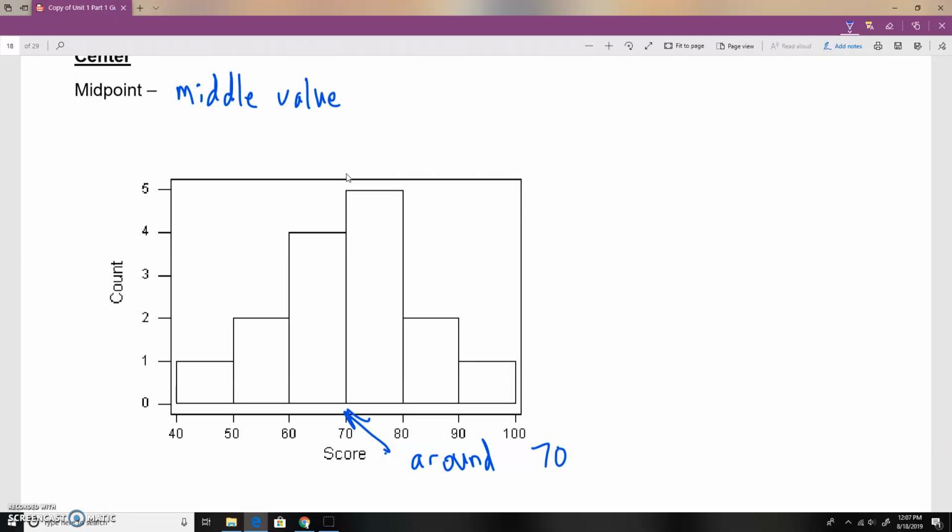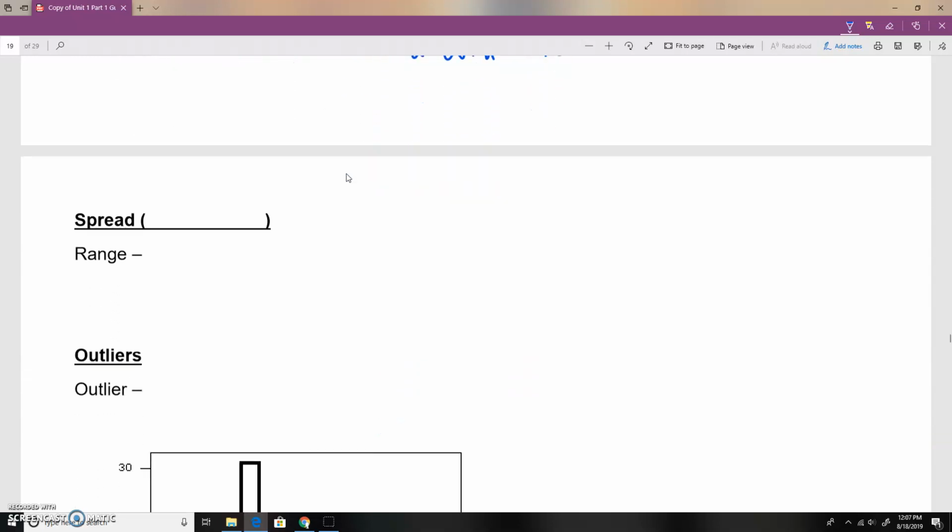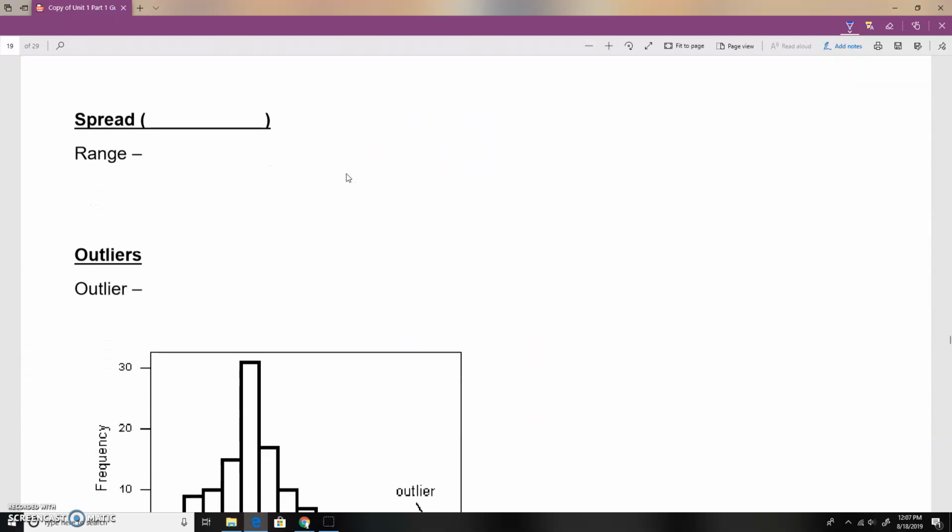The last piece we're going to look at is what we call the spread. Another word for the spread of a histogram is variability. How much does it vary? The first piece of that is called the range. The range is simply the maximum value minus the minimum value.